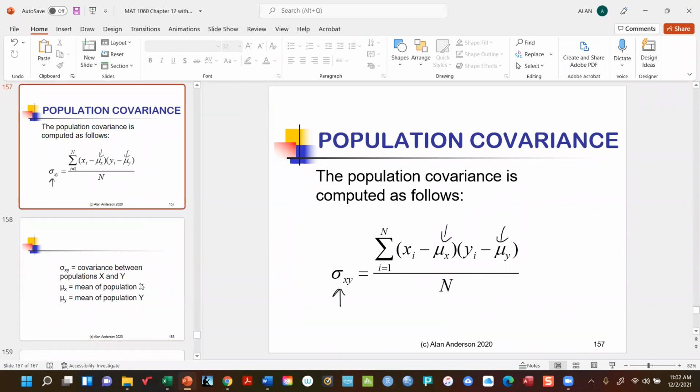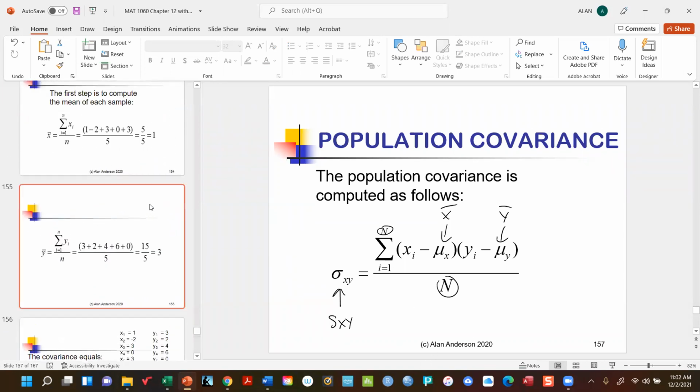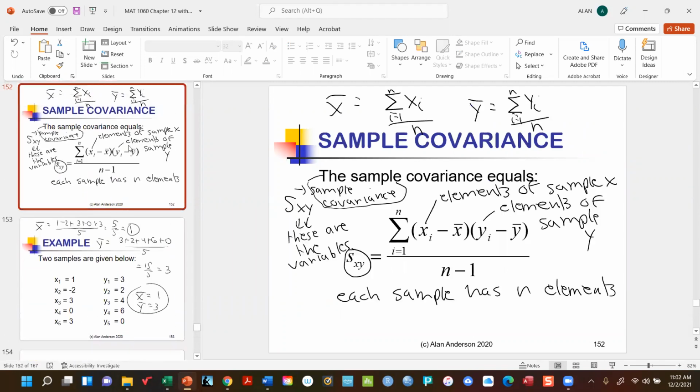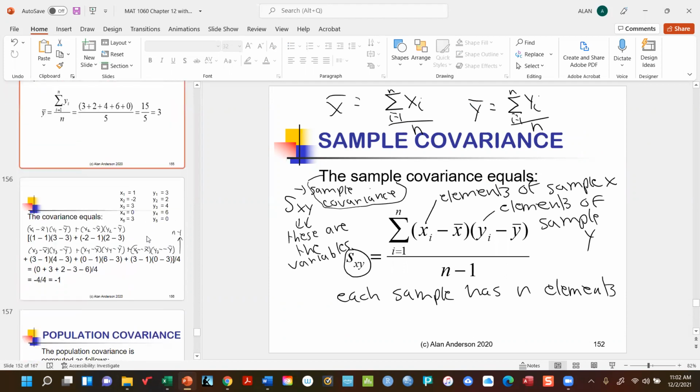These replace the x bar and the y bar. This replaces SXY. And of course, we have the capital N's, but other than that, oh, and one more thing. Like with the variance, here we're dividing by N instead of N minus 1, like we did here. So that it has that in common with the variance.